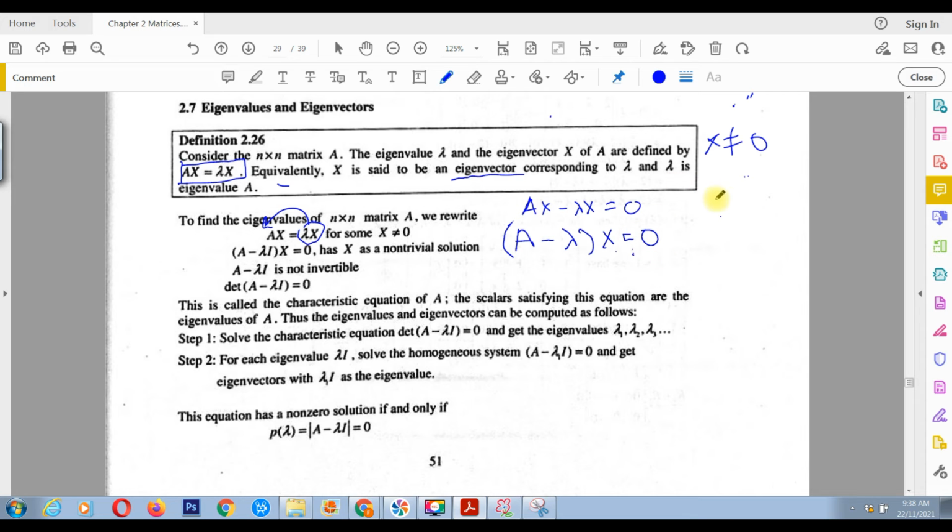The only way to make this equation 0 is if A minus lambda I is 0, because we already defined x cannot be 0, so for sure it is not 0.